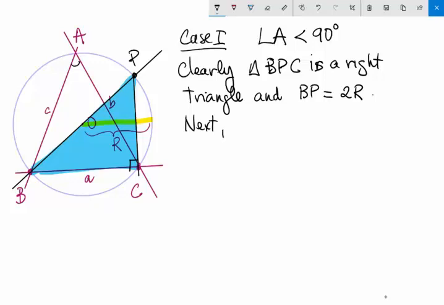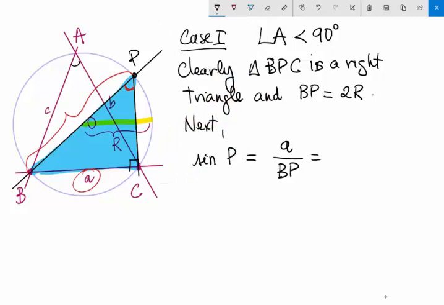Next, I claim that sine of angle P is equal to little a over BP. So let's see here. This is the angle at P, right? And sine is opposite over hypotenuse. The length of the opposite side is a, and the length of the hypotenuse here is BP.